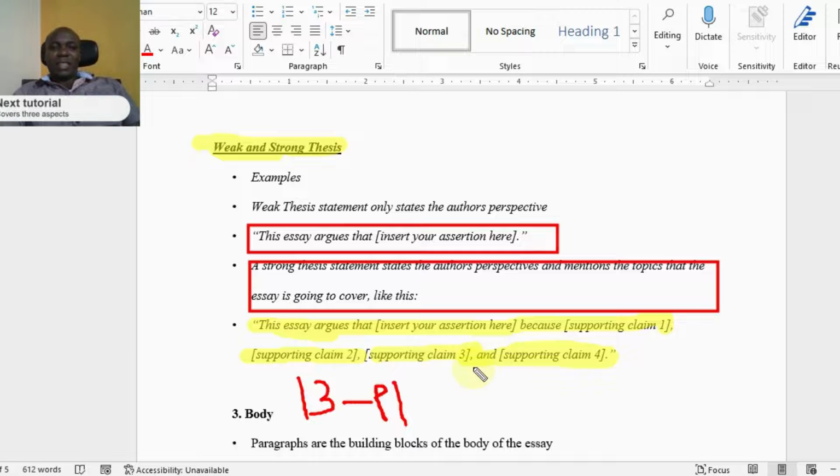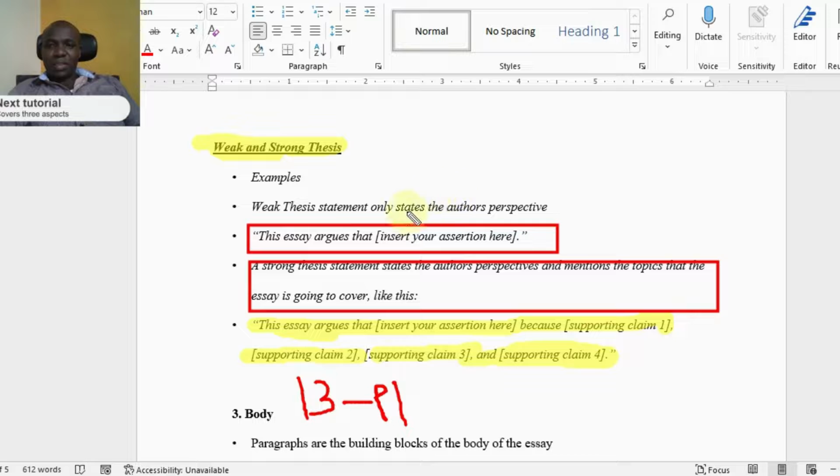Say this essay argues that insert your assertion because claim 1, claim 2, claim 3, so that claim 1 will be your first, then a second paragraph. Claim 2 will be your third, claim 4 will be your fourth, and then you make a conclusion. That's in case of an essay.